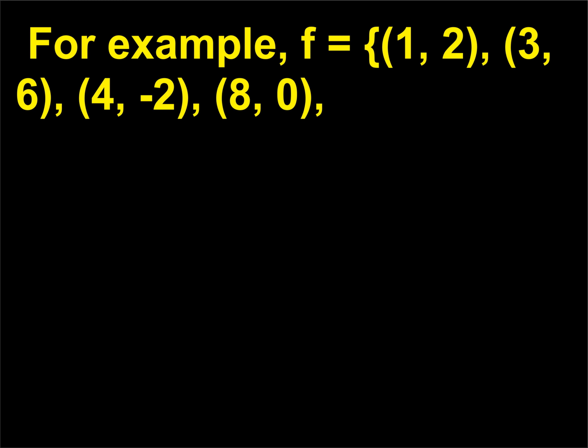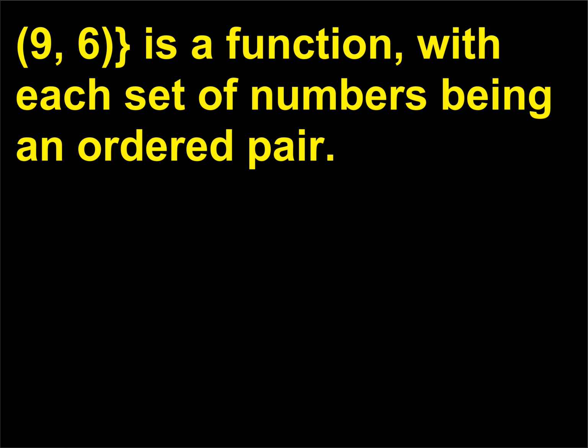For example, f equals (1, 2), (3, 6), (4, -2), (8, 0), (9, 6) is a function, with each set of numbers being an ordered pair.